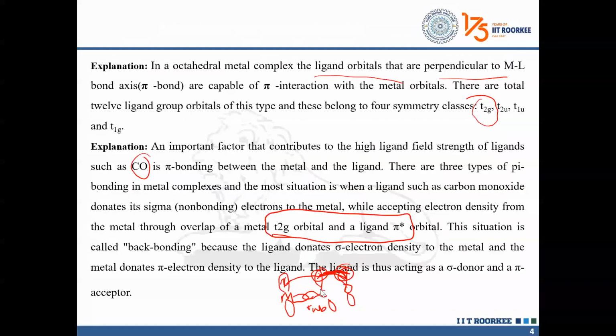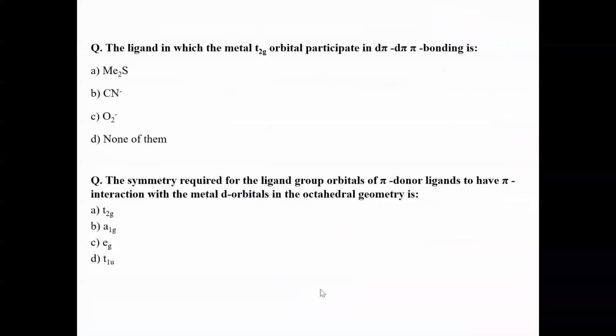The next two problems: the first is, the ligand in which the metal T2g orbital participates in d pi d pi bonding is. Here the d orbital of the metal is making overlap with the d orbital of the ligand.